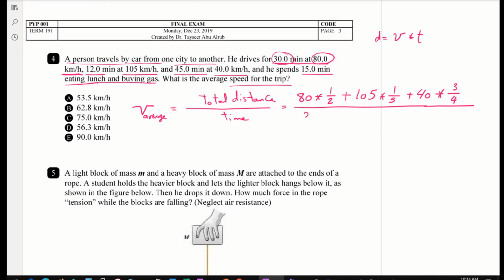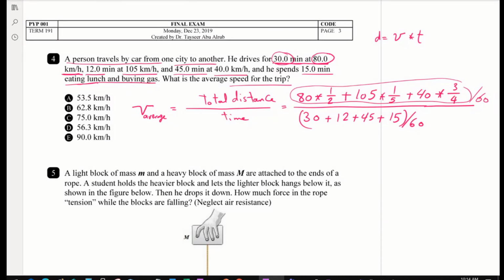Divided by all the times. The first time is 30 minutes. If all of them are in minutes, I will divide all of them over 60. So 30 minutes plus 12 minutes plus 45 minutes plus the lunch will take 15 minutes. So all of that, you need to divide them over 60. And by the way, we divided in the numerator over 60, and in the denominator here, we also divide over 60.